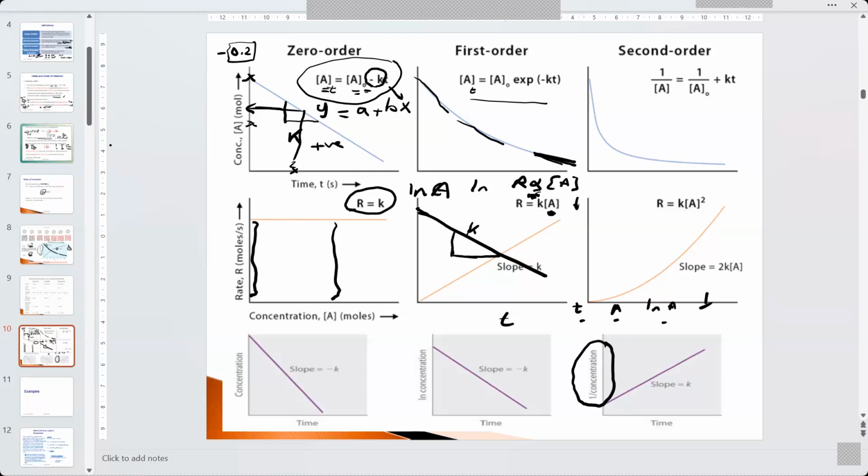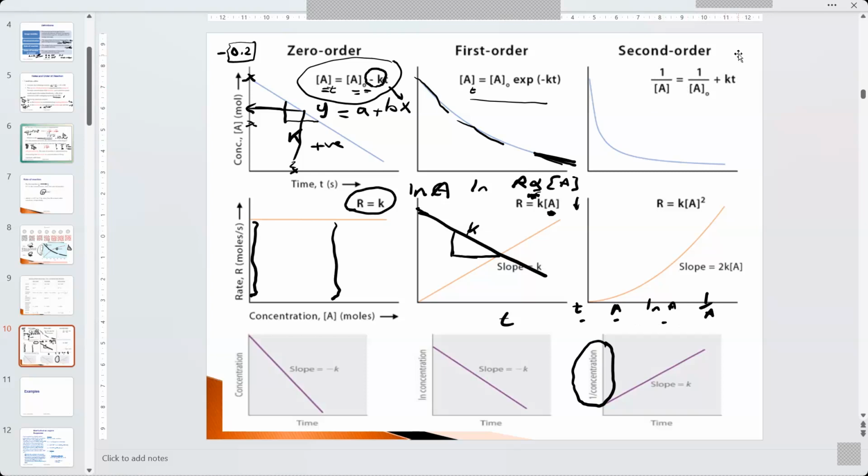Then you calculate 1 over A for each time point, and then you plot 1 divided by A versus time. If you get a straight line, then you have a second order reaction. This is the equation for the second order reaction: y equals intercept plus slope times t.